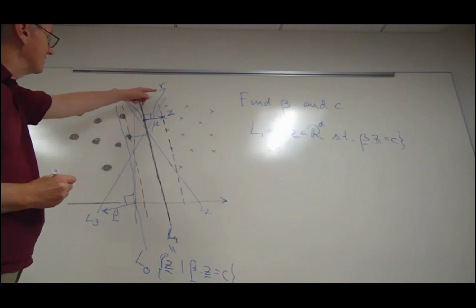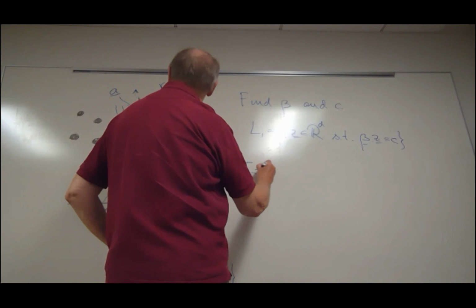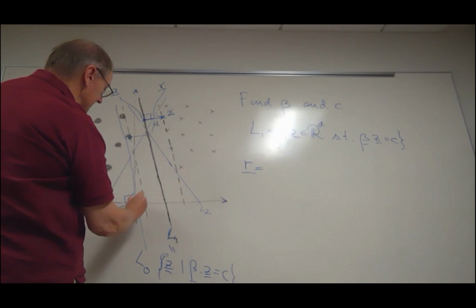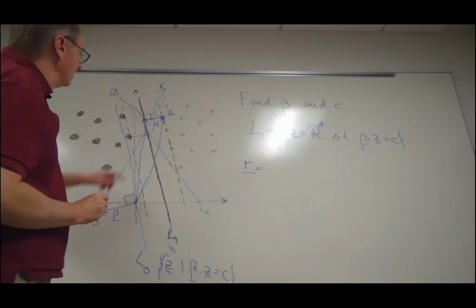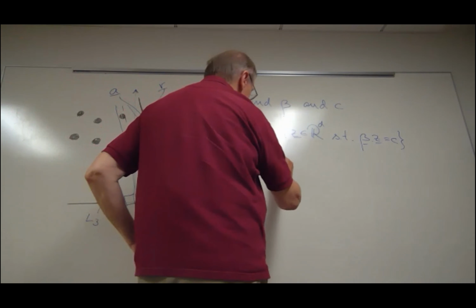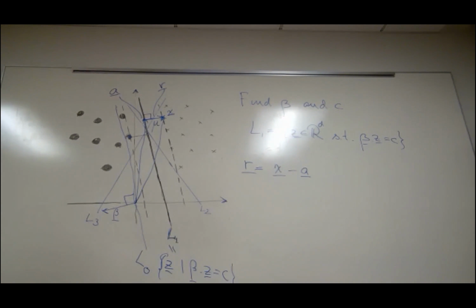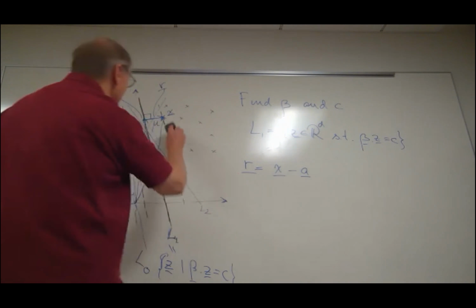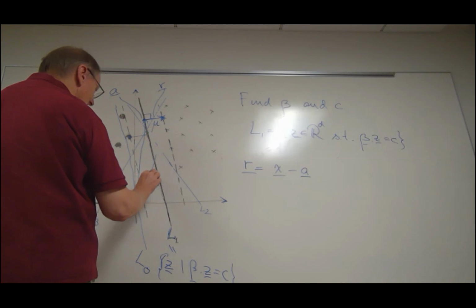Now what is this little vector here? Well, r is equal to x, this vector here, and here I have the vector a. So this vector here is x minus a. So what can I say about this vector r here? Let me erase some of this because now it's getting a little crowded.